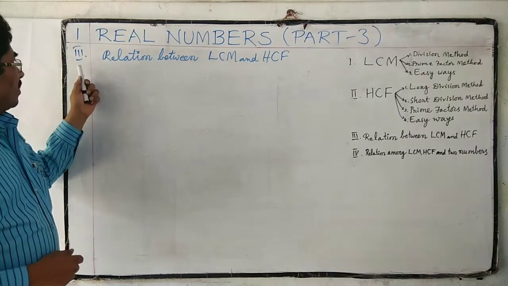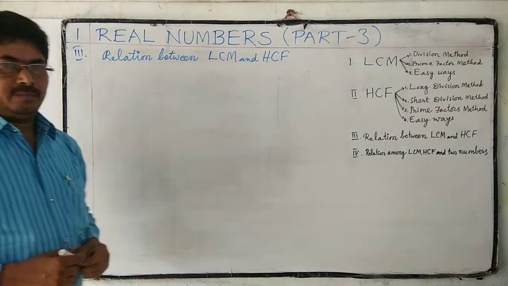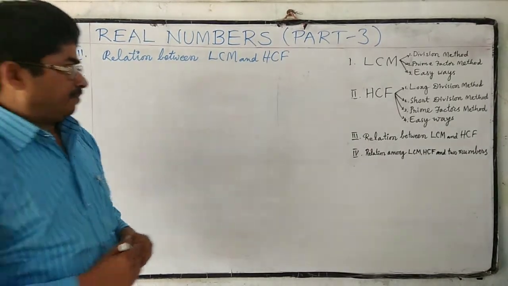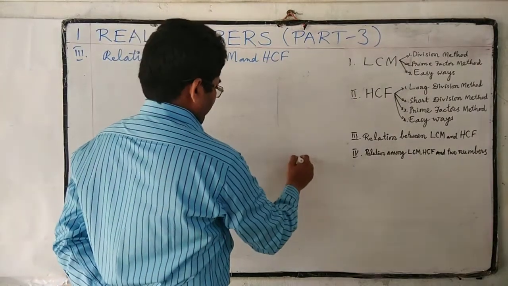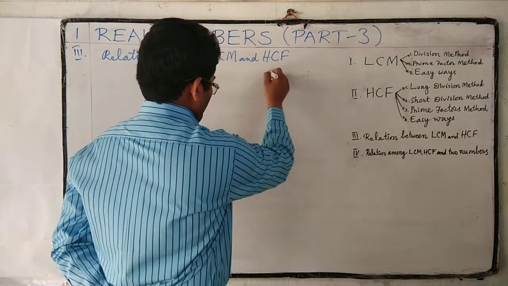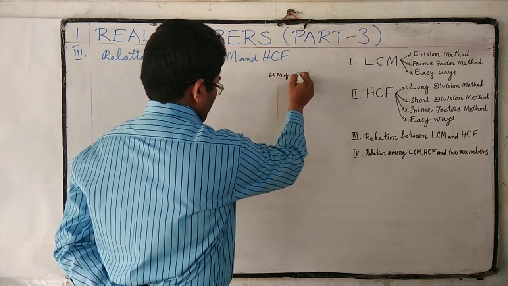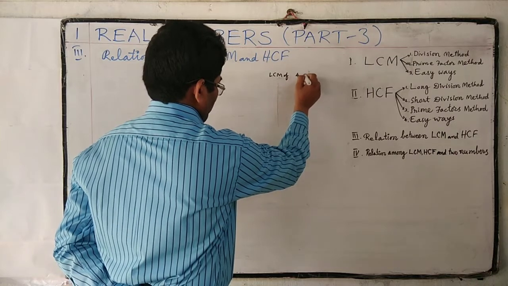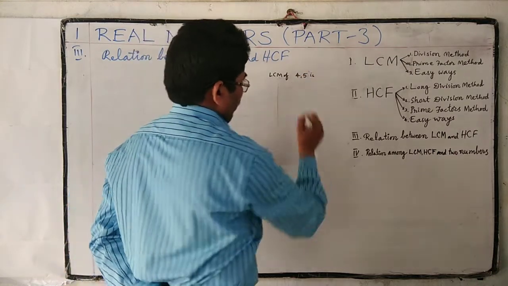Next, relation between LCM and HCF. What is the relation between LCM and HCF? Let us see. For example, LCM of 4, 5: these are co-primes.